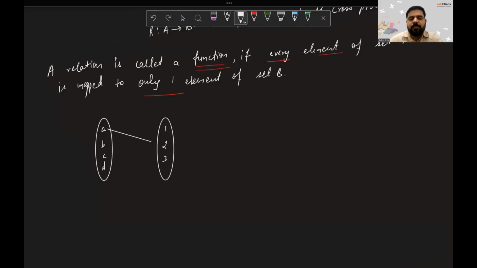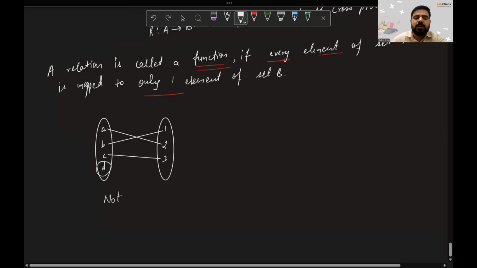Let's say A is mapped to 2, B is mapped to 1, C is mapped to 3. Here we can see D is not mapped to any of the elements. Because D is not mapped, this is not a function.